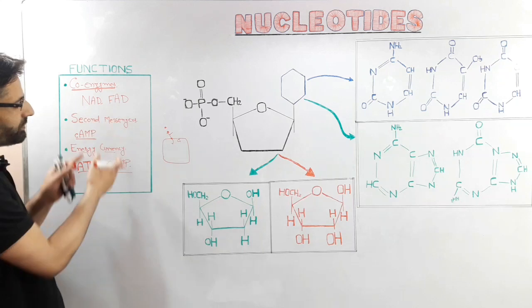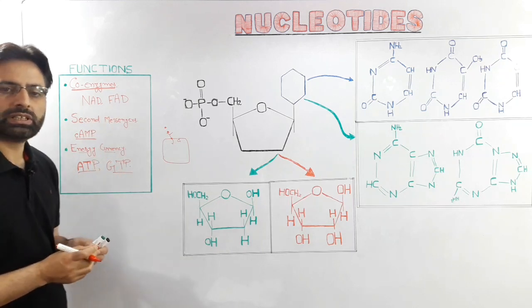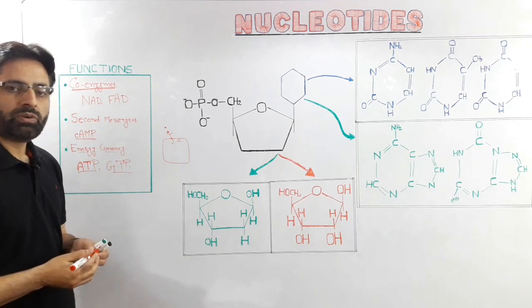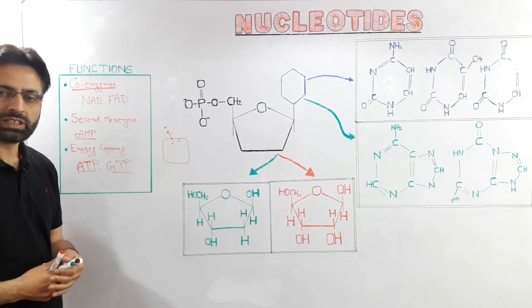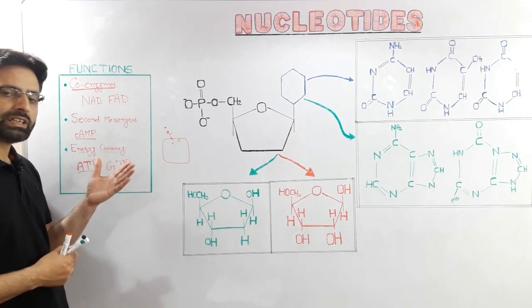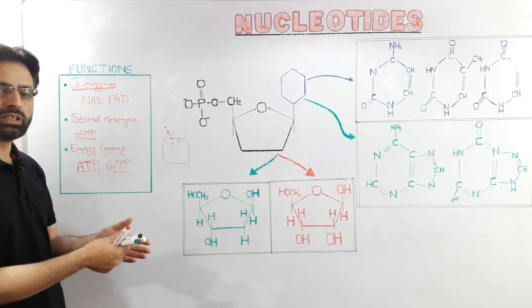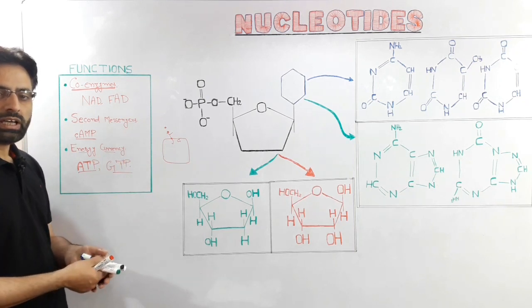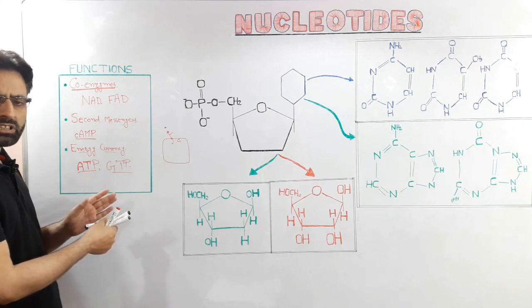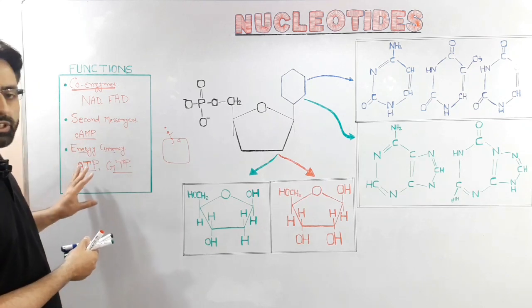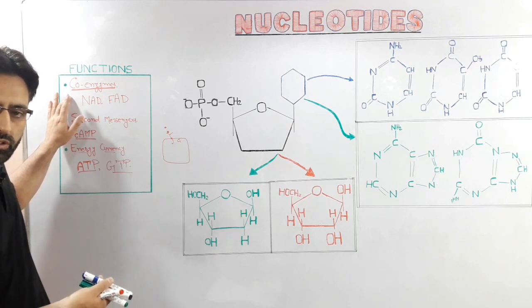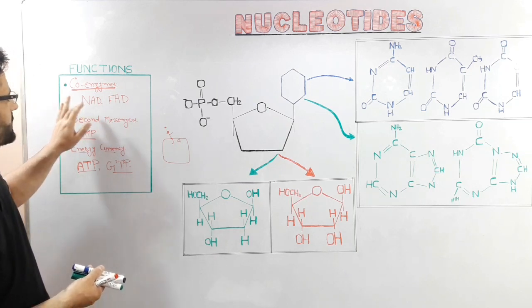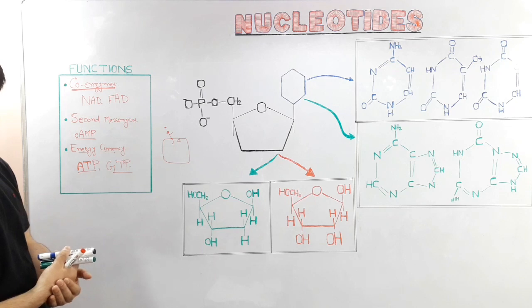So these are the functions associated with nucleotide molecules, in addition to acting as the basic building blocks of nucleic acids. That is, when these nucleotides are not present in the nucleic acid as a building block, when they are present in the cytoplasm, they perform these functions. First, they act as components of coenzymes; NAD and FAD are examples.